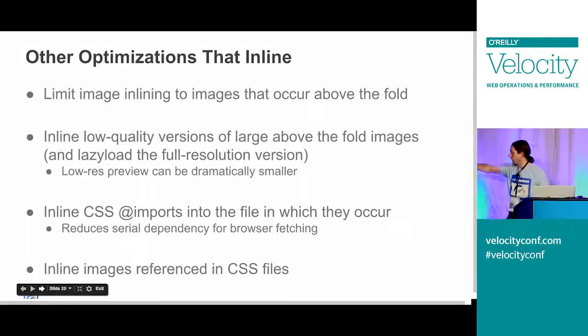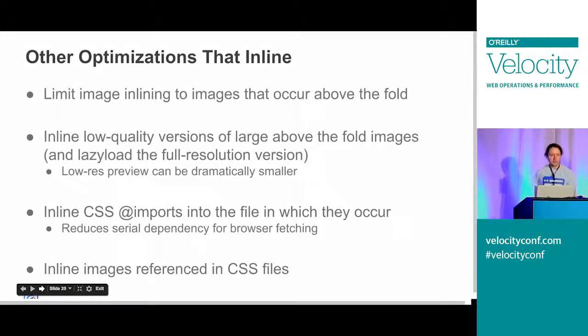I mentioned inlining CSS imports into the file in which they occur. That reduces the serial dependency for browser fetching and helps speed up our page load. The other thing we can do is inline images referenced in CSS files. Now, there was a good mention of this yesterday in one of the talks from the woman who works at the Khan Academy.